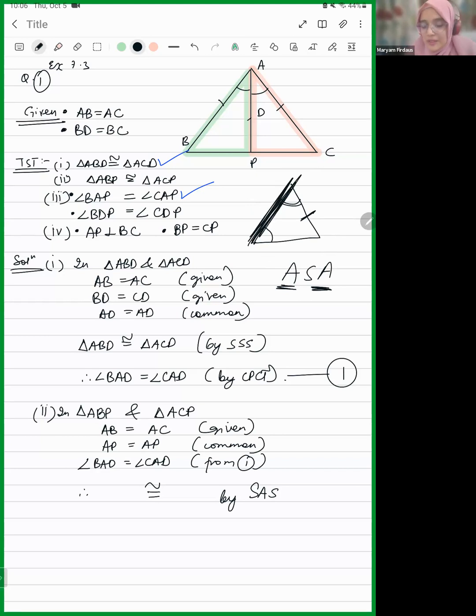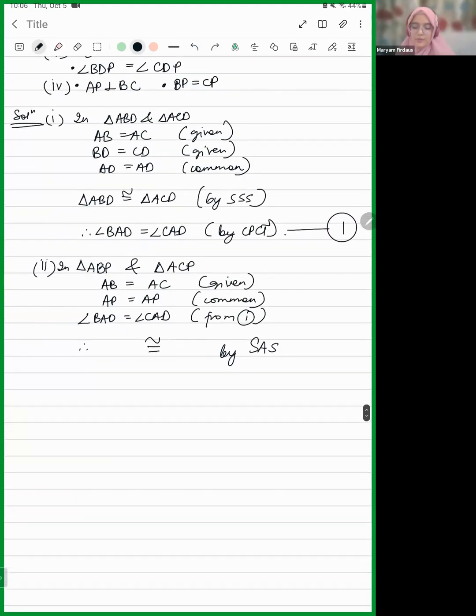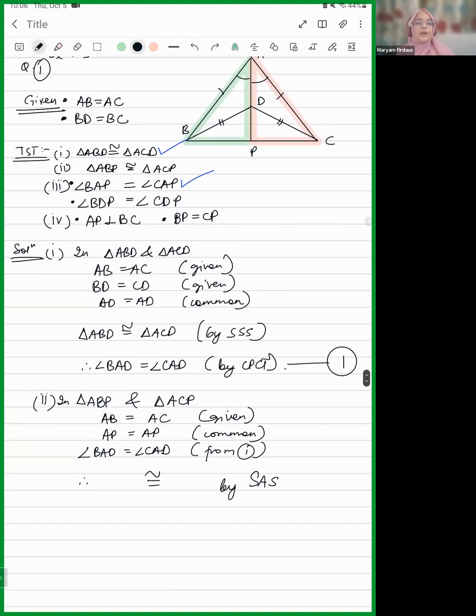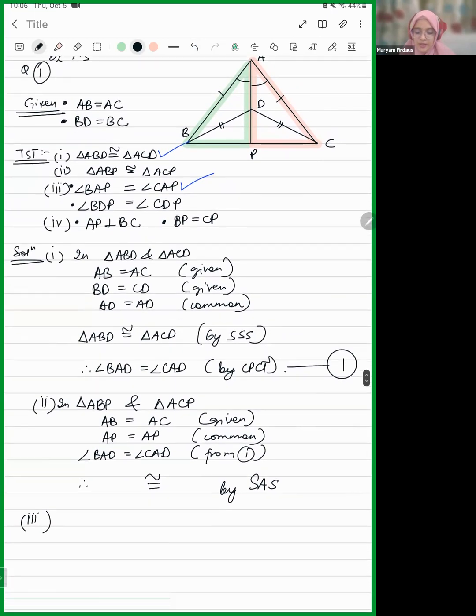Since it is not between those two angles, this is not ASA, this is AAS. Got it? Is this clear? All right. So this is by SAS. Abdul Jabbar, is this thing clear? Okay, thank you. Now let's move on to the third one.